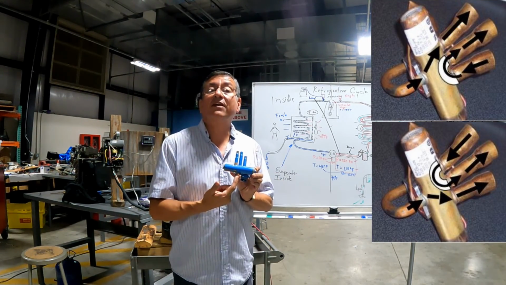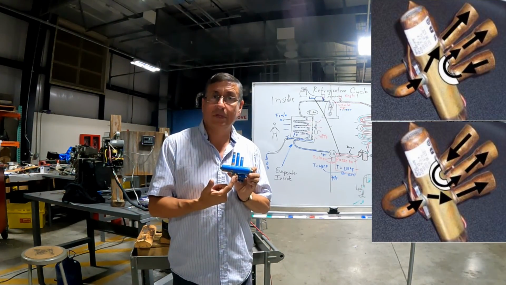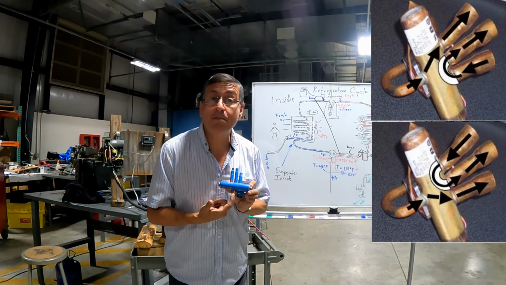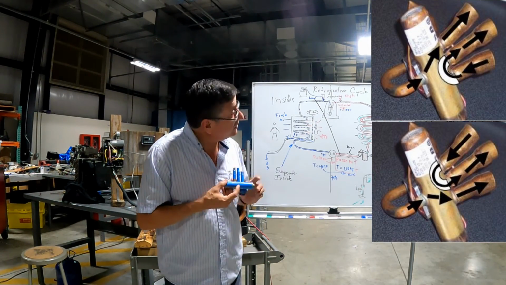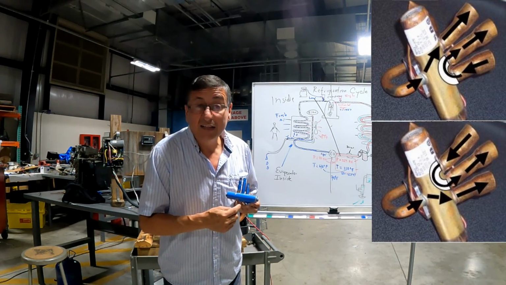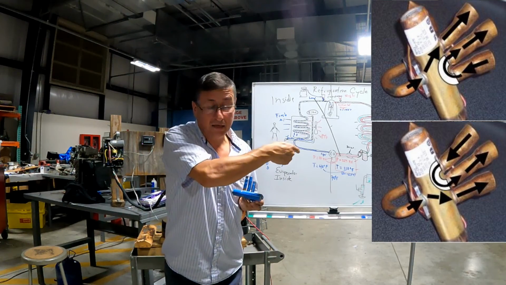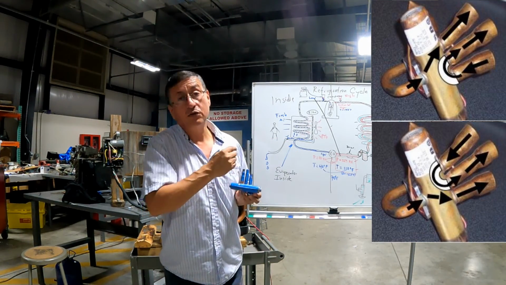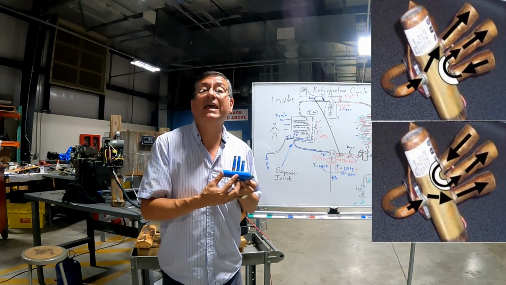The refrigerant coming from the output of the compressor, a high pressure, high temperature vapor, enters here. And depending on the position of this piece of metal, here or here, the refrigerant goes over there through the outside, or goes here through the inside, and the cooling mode or the heating mode is produced.